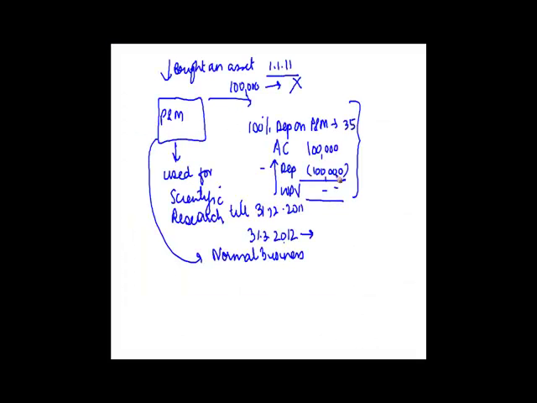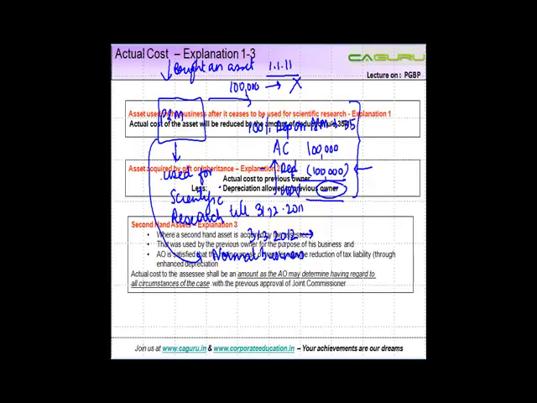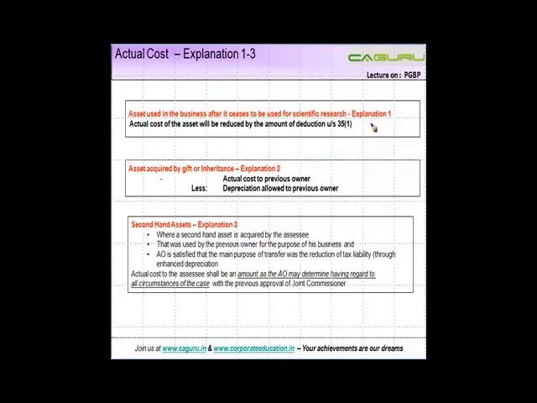So in my example, if I got a deduction, you can take it as deduction also or depreciation, whatever you want to put in. It's actually a deduction, not depreciation. Was 1 lakh, then what did I get? I get 1 lakh minus 100,000. So my actual cost will be 0. This is what explanation 1 provides.